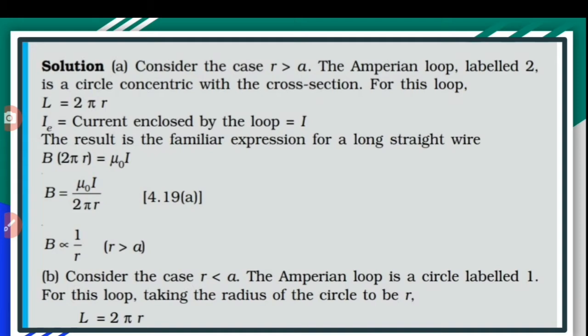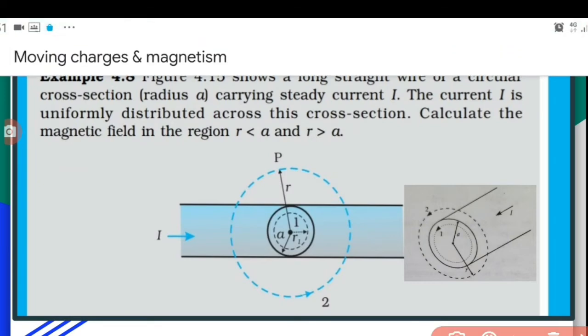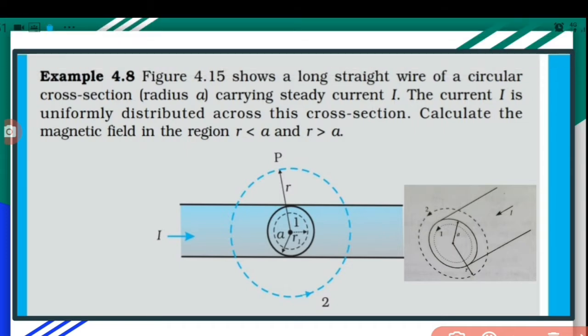Now we will consider the case R less than A. The Amperian loop we need to consider is inside the wire. As shown, you have another dashed curve, that is the Amperian loop inside. For that Amperian loop, what will be Ampere's circuital law?